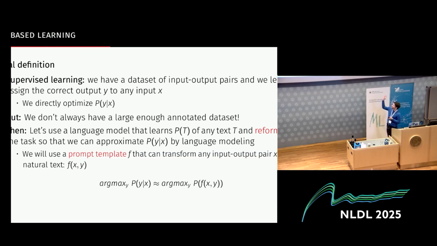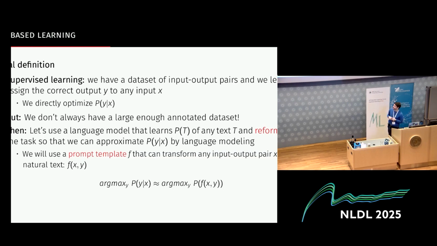Now, a language model, of course, learned a different probability. A language model learned to estimate the probability of a text sequence T. But we can reformulate the task so that we approximate the probability of label Y given input X by language modeling. We do this by using a prompt template, F, that transforms the input-output pair X, Y into a natural text sequence, and then we use the language model to approximate this.